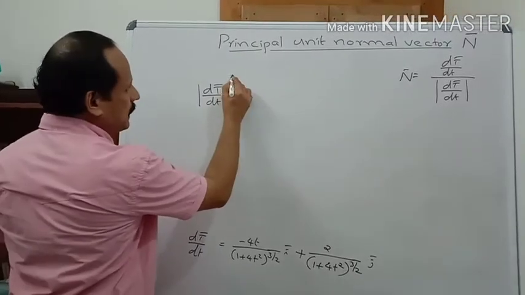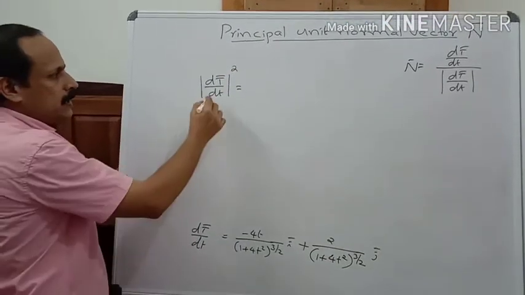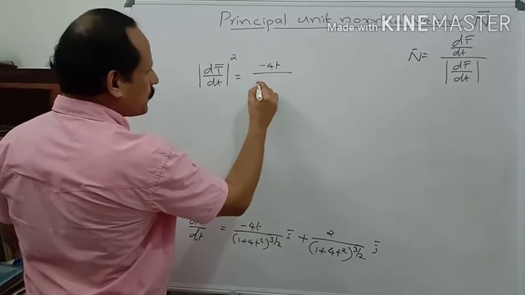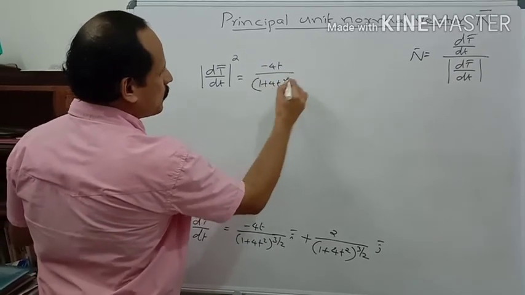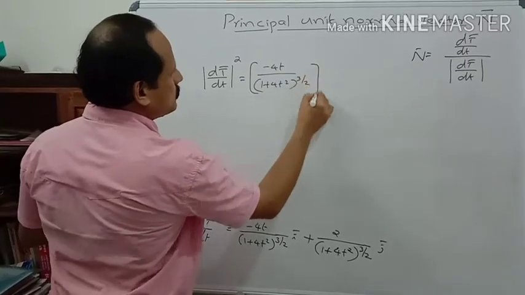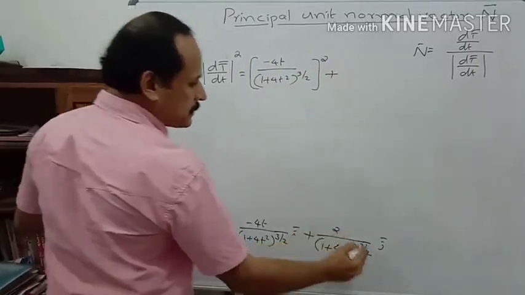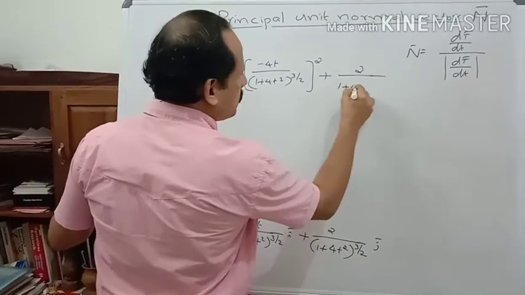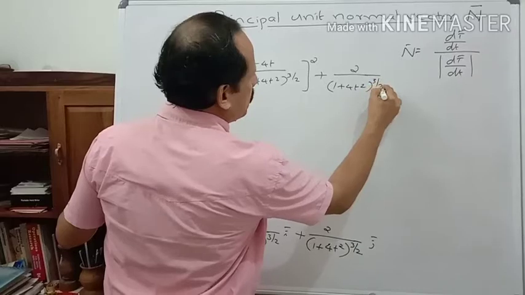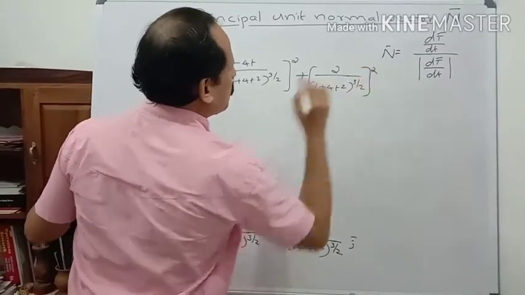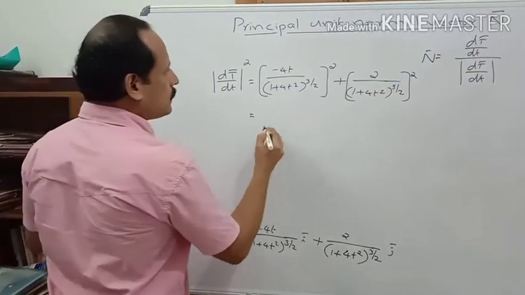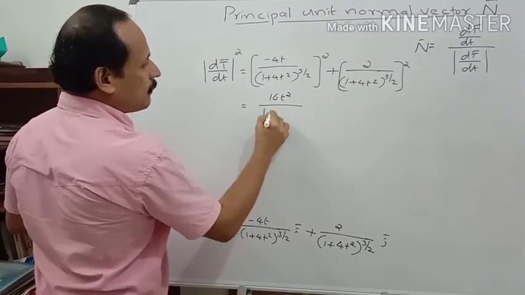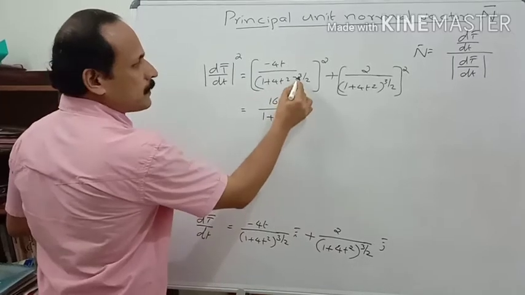Therefore first you take mod dt bar by dt square, it is negative 4t by 1 plus 4 t square whole raised to 3 by 2 square plus the square of this term, 2 by 1 plus 4 t square whole raised to 3 by 2 whole square, equal to here 16 t square by 1 plus 4 t square whole raised to 3 by 2 square.